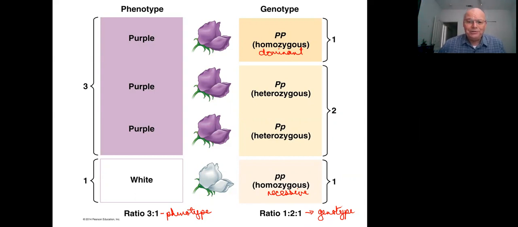And the genotype ratio is always going to be 1 to 2-to-1. So if you're given data in a genetics problem, say, for an exam or practice questions, if the data is for phenotypes and you can see that the ratio is close to 3-to-1, then you can be confident that you're dealing with a Mendelian monohybrid cross.